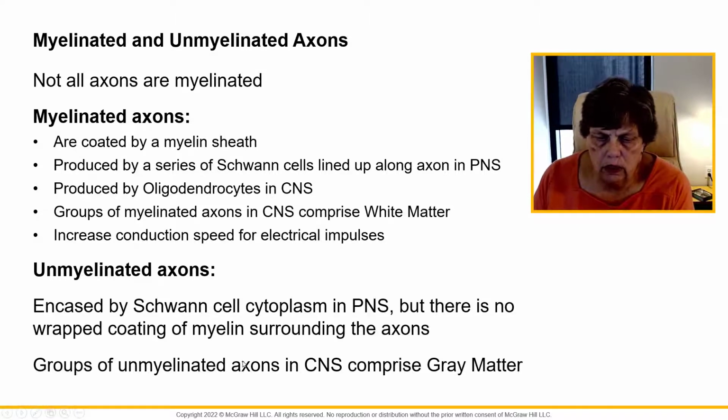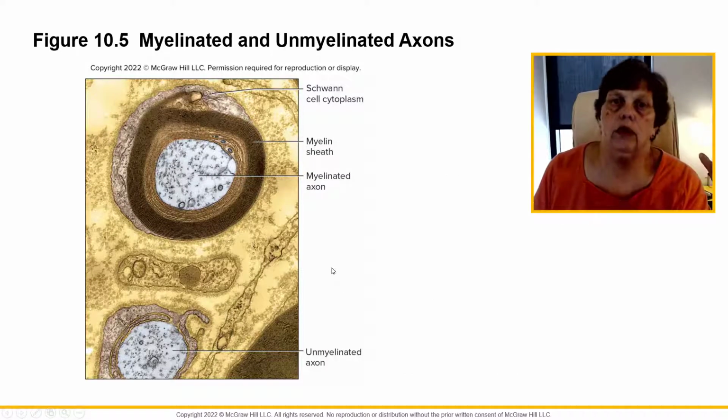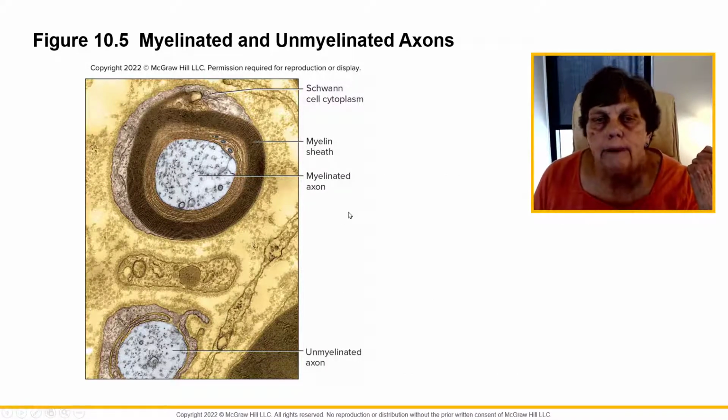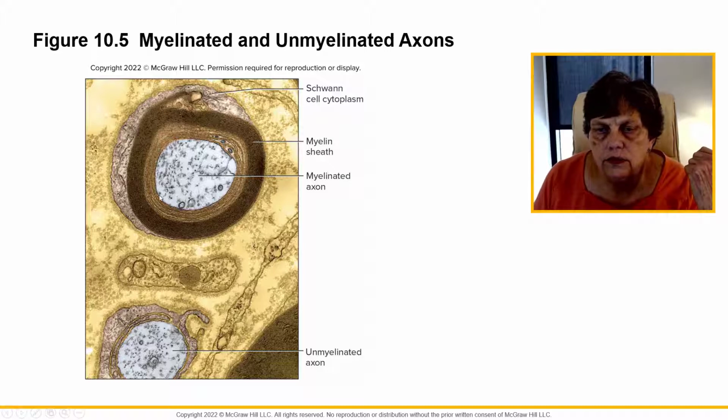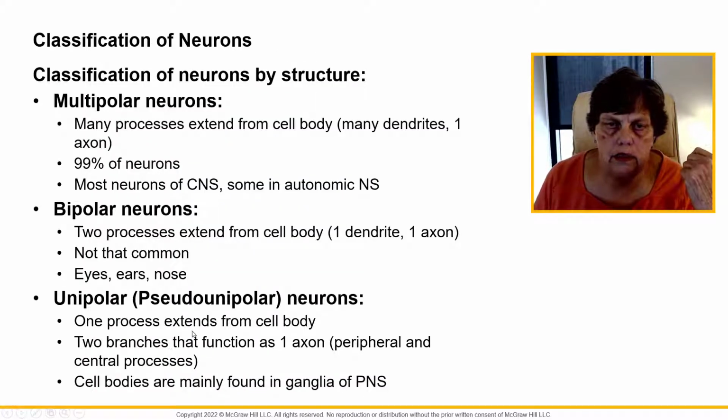And the group of the unmyelinated axons in the central nervous system make up what we call the gray matter. So that's that outer portion that we think of when we talk about the gray matter of the brain. Okay. All right, so you can see the difference between, here's the myelin sheath. So this is a myelinated axon, and this is an unmyelinated axon.